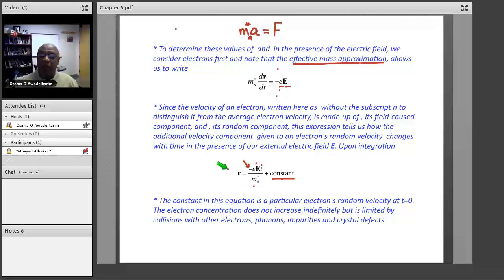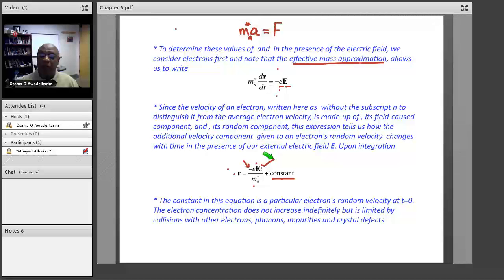The electron velocity does not increase indefinitely. Now this equation tells us something very strange which we do not observe. It tells us that the velocity of the electron increases with time. So if I apply an electric field, which is the same as applying a voltage, a constant voltage means a constant electric field, then the velocity of the electrons will keep increasing with time.